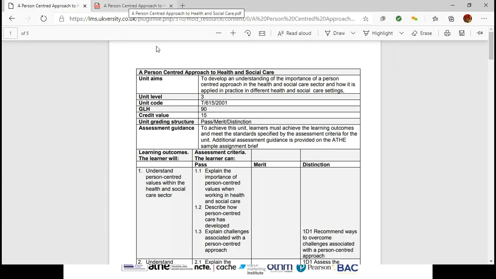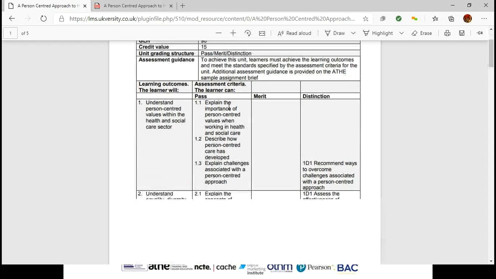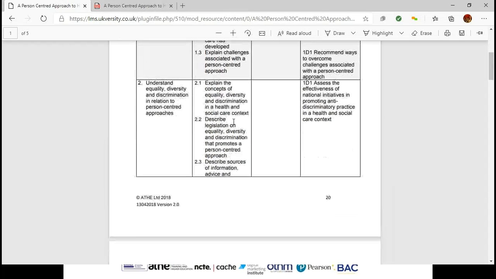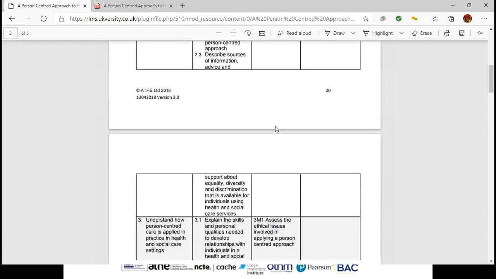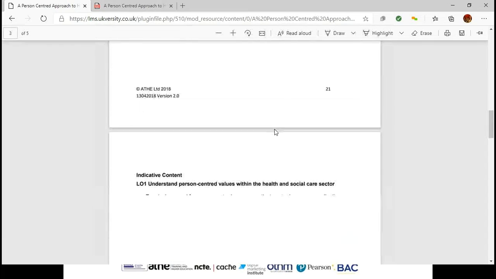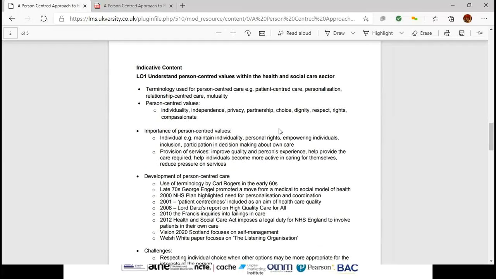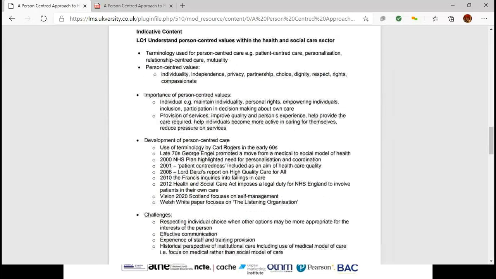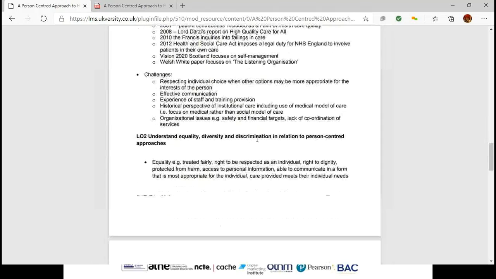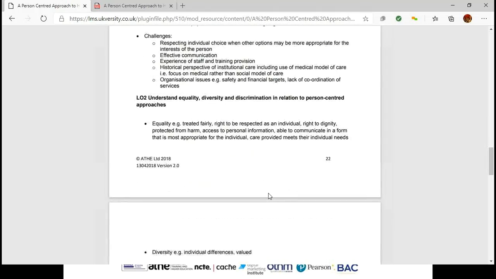So this is what I go over at the beginning of each lesson. It goes over all the questions, and I highlight what each one is. Then you scroll all the way down to the bottom, because this is something a lot of students miss because they don't scroll down. It's sort of like a cheat sheet. It tells you what you need to include in each question to make sure that you're passing that question.